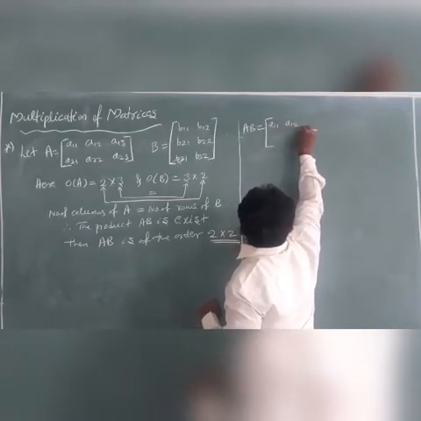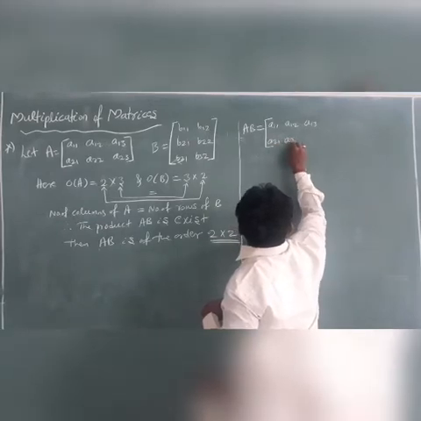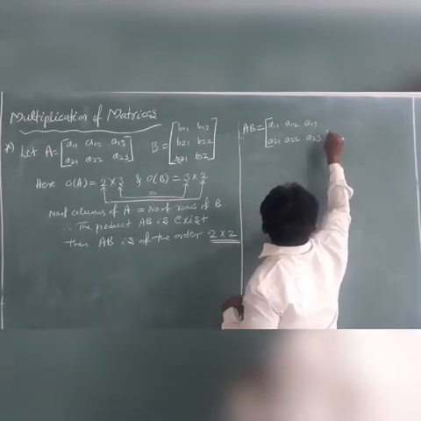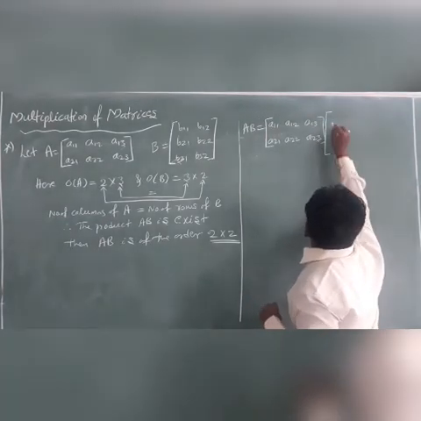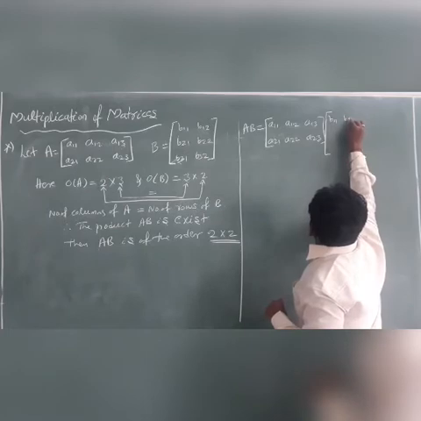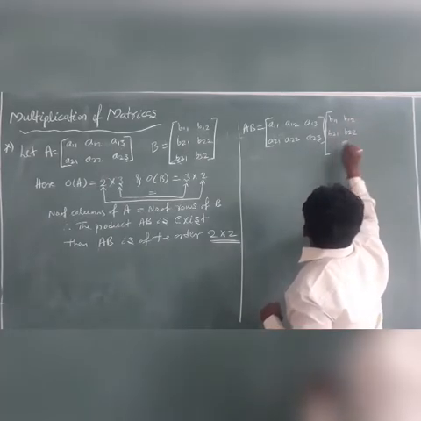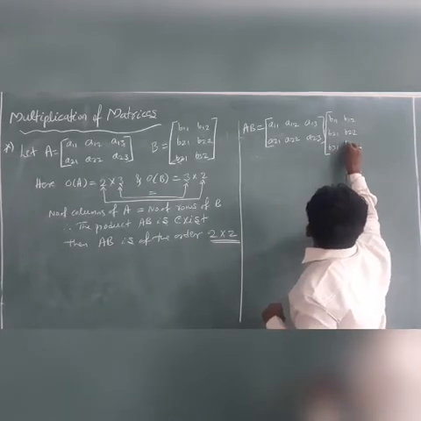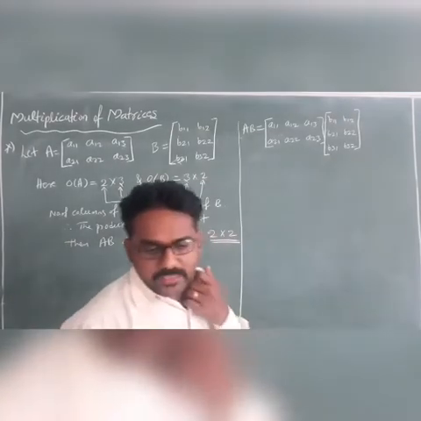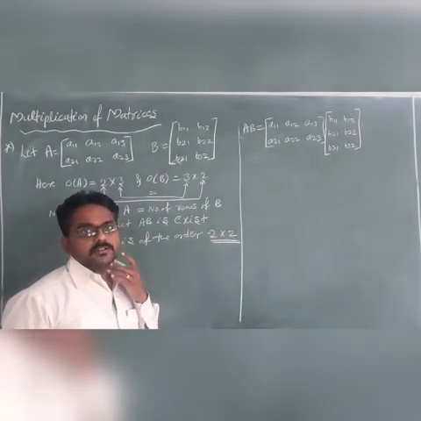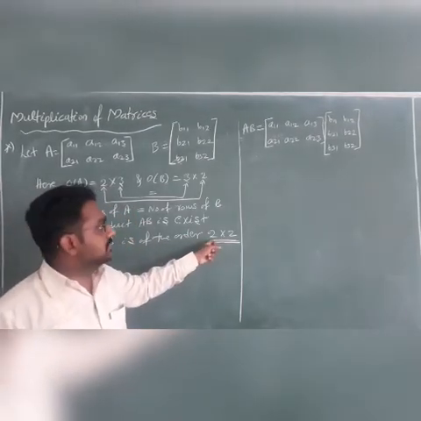A11, A12, A13, A21, A22, A23. This is the matrix A. And what is the matrix B? B11, B12, B21, B22, B31, B32. Okay. What is actually the product formation? What is the order of the new matrix AB? That is 2 by 2.